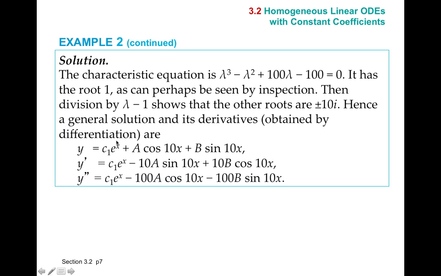So you get a general solution and its derivatives that looks like this. So y is just going to be this c1 e to the x, where lambda here is 1. And then you have our sine and cosine terms.